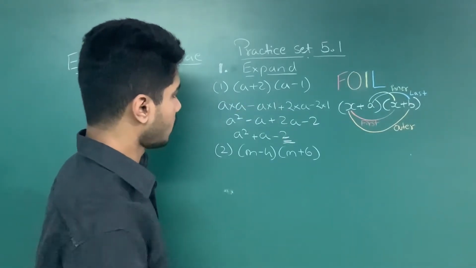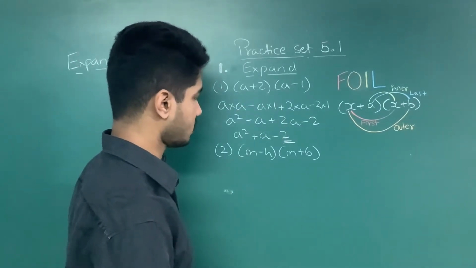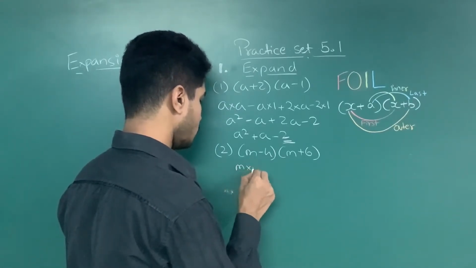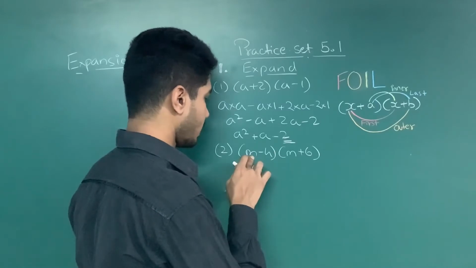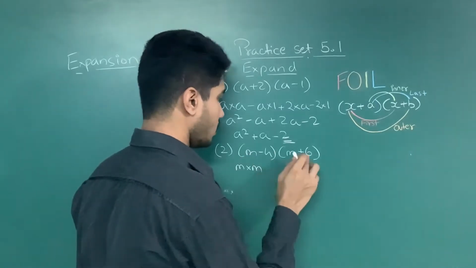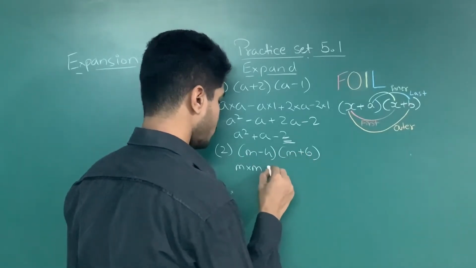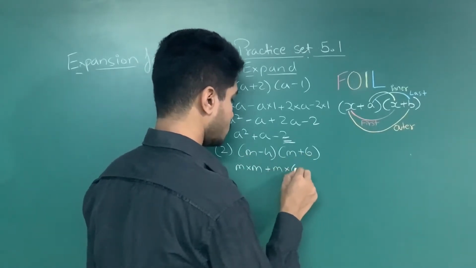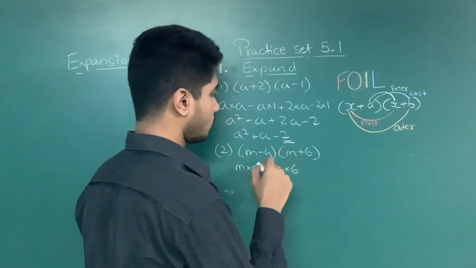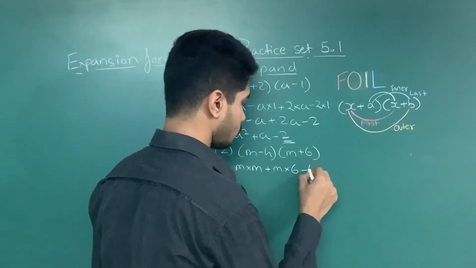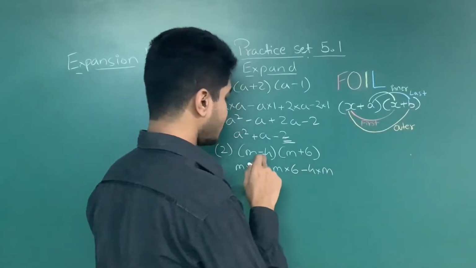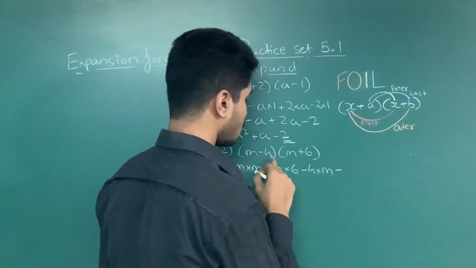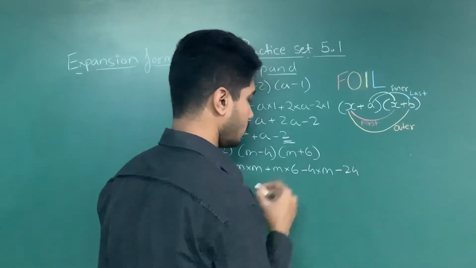Second question, (m minus 4)(m plus 6). यहाँ पे m and m will get multiplied, so m into m, then it will get multiplied with the 6, so it will be plus, so m into 6. Then minus 4 into m, so it will be minus 4 into m. Then minus 4 into plus 6, so minus plus will change to minus, 4 into 6 will change to 24.